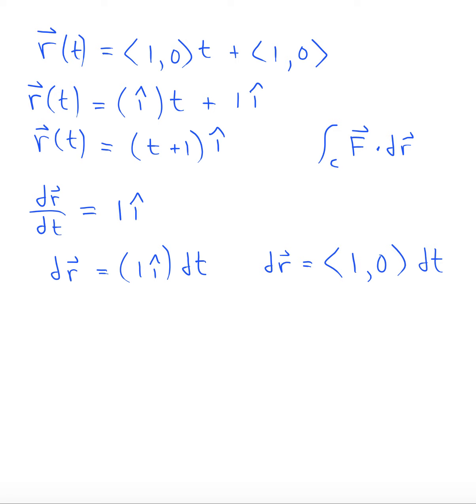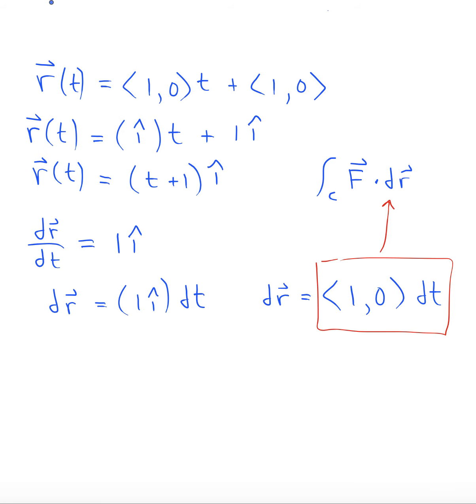All right, what we'll want to do is take that result that we got here, and we just want to plug it into the integration. We also want to plug in what we said our force was. All right, so now we can plug in.